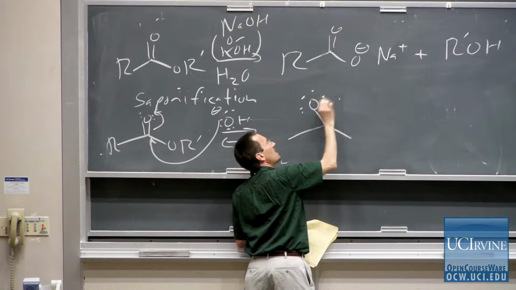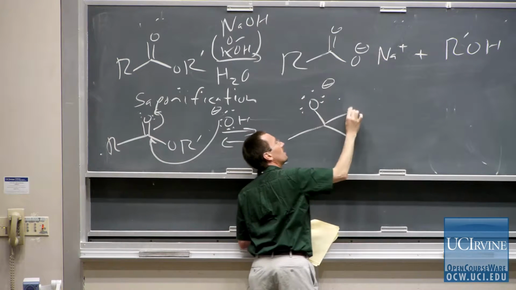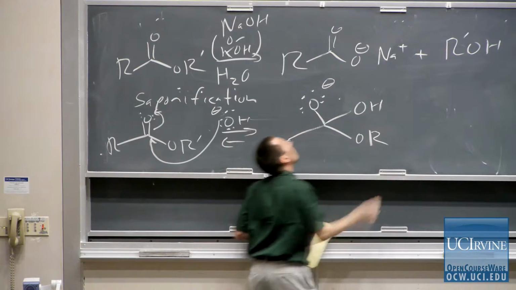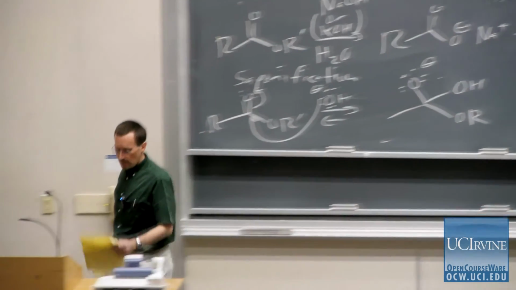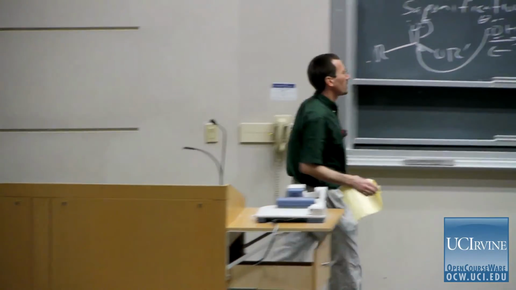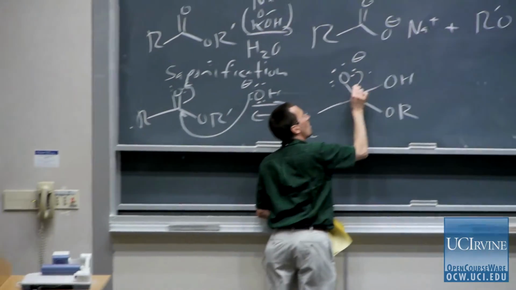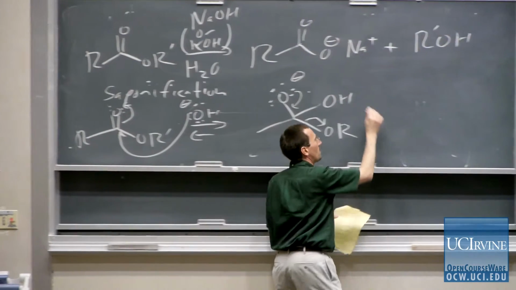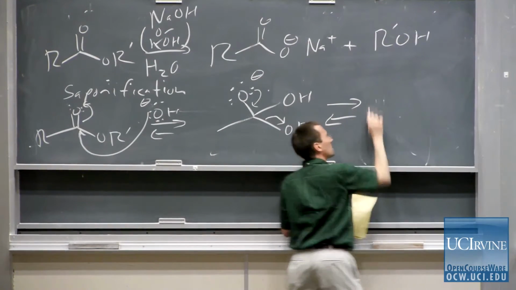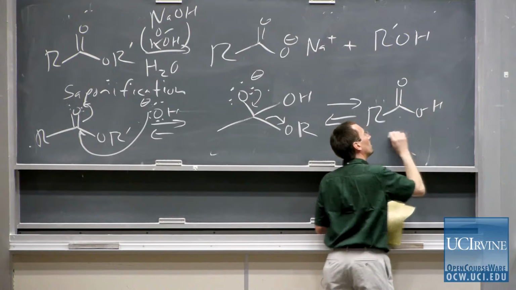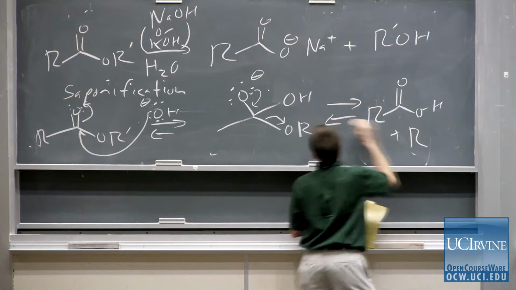We get our tetrahedral intermediate. Our tetrahedral intermediate is going to break down. It kicks out the OR group. And again, I'm just skipping a few lone pairs here. This gives rise to the carboxylic acid plus the alkoxide.